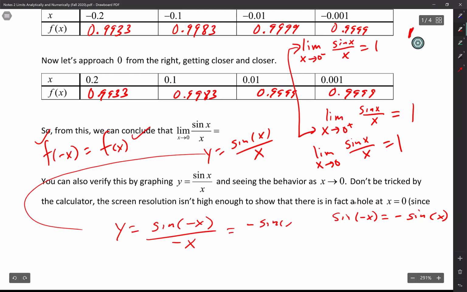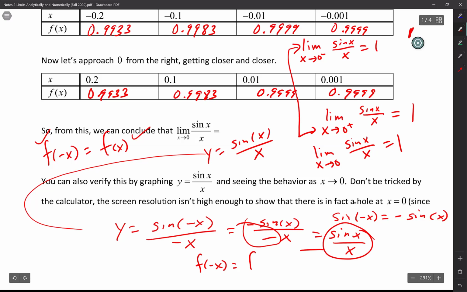Negative sine x over negative x. Look, these negatives cancel out. Sine x over x. And look at that. So what does that mean? This means that f of negative x equals f of x. Hence, even. Good question. So yes, there is. You can type in a negative x and see if you get the same expression. If you get the same expression, it's an even function.